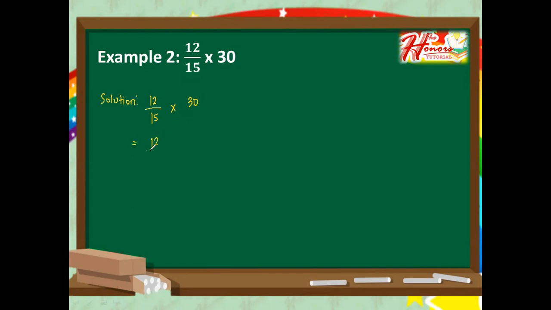So we have here 12 over 15 times 30 over 1. And then I will use the second method that I have mentioned earlier. So I will think of a number that can divide 15 and 30 at the same time without remainder. But I will be using the largest number that I can think of.